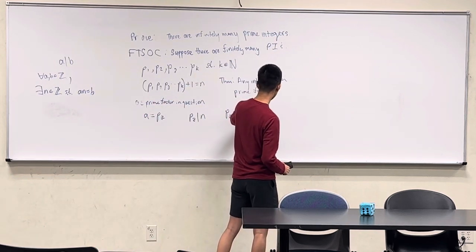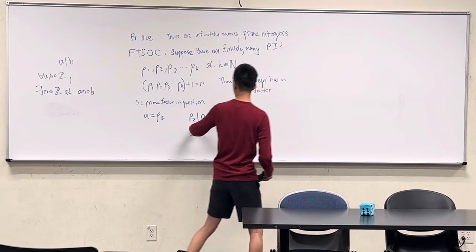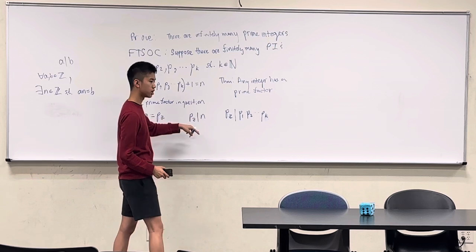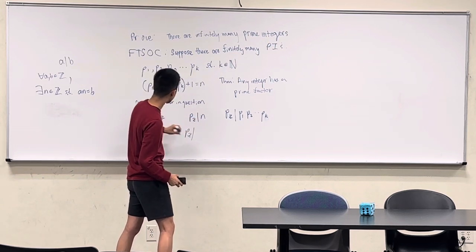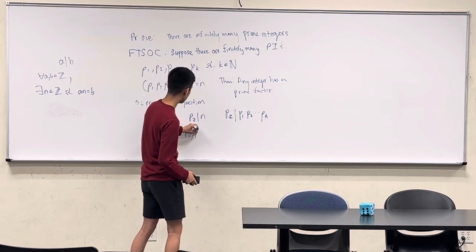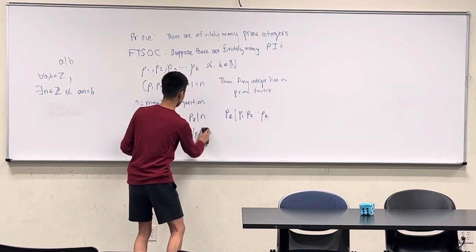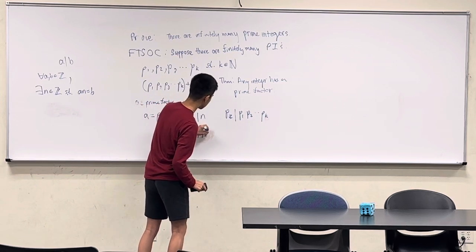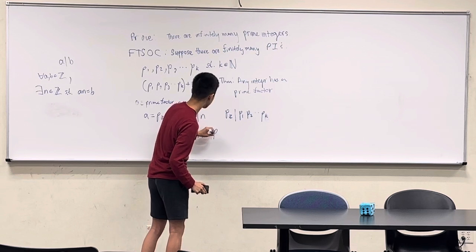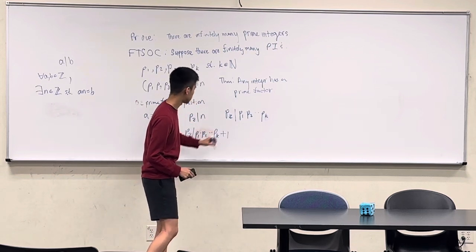So essentially, if pz divides n, then that means pz also divides p1 times p2 times all the way to pk, and then plus 1.